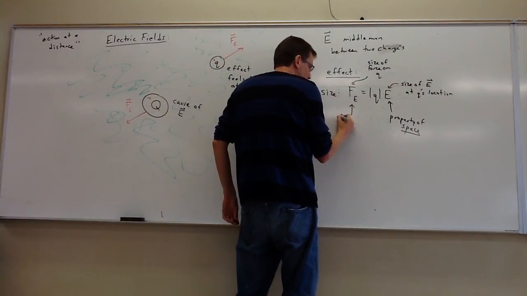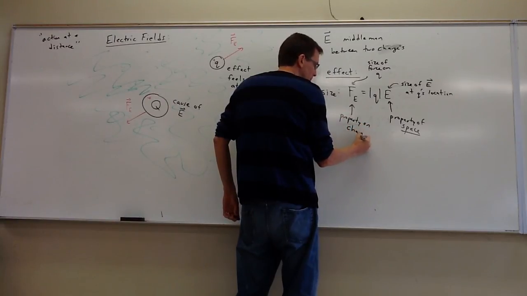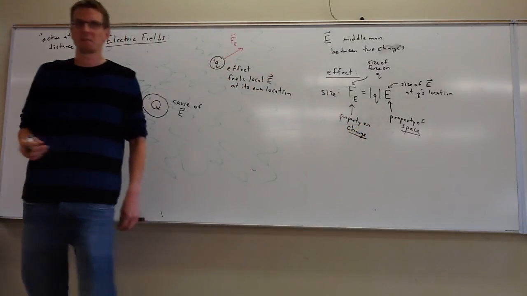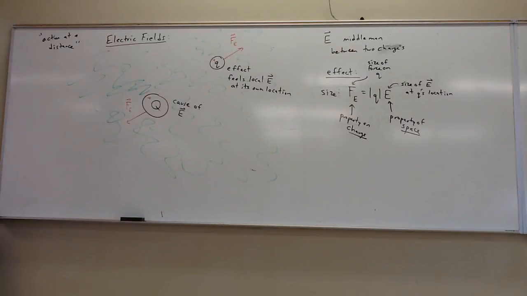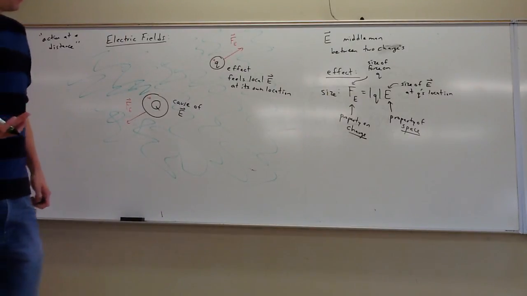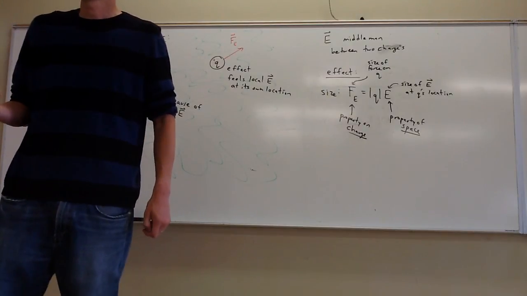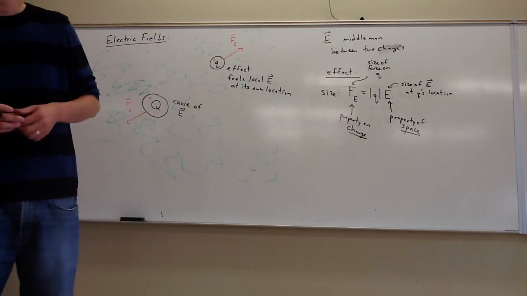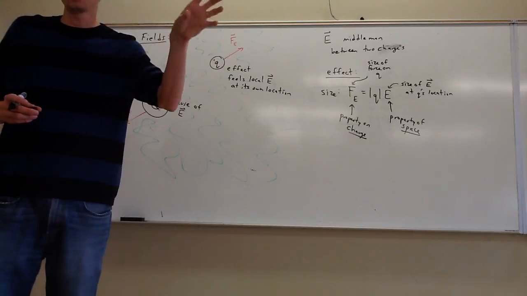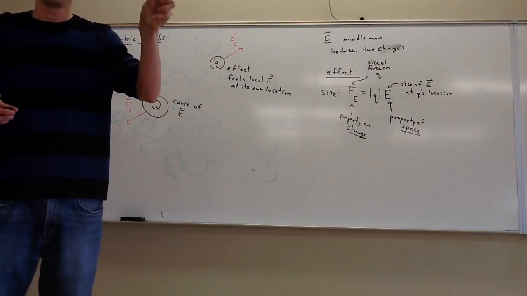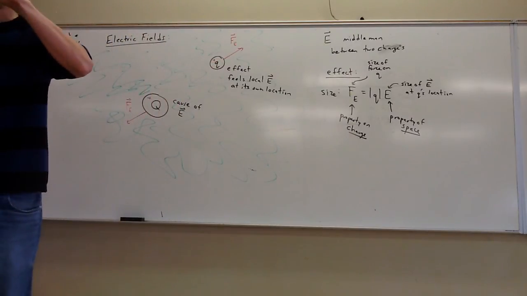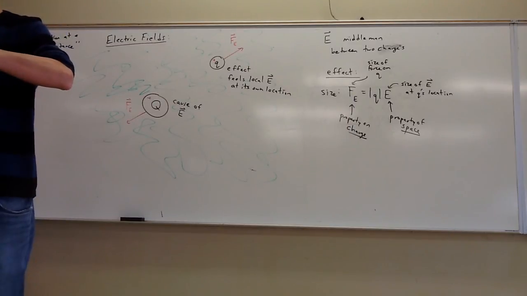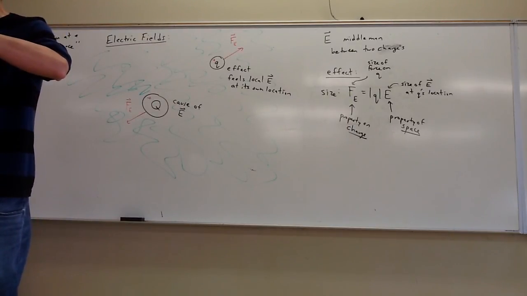So we could say it's a property that acts on a charge. You can't pull on nothing. There has to be something to pull on. You can't pull on empty space. So even though it's just a simple equation with three different variables, it allows us to take something that's true of the location, put something at that location, and it'll tell us what happens to that thing we've put there. That's the essence of that equation.